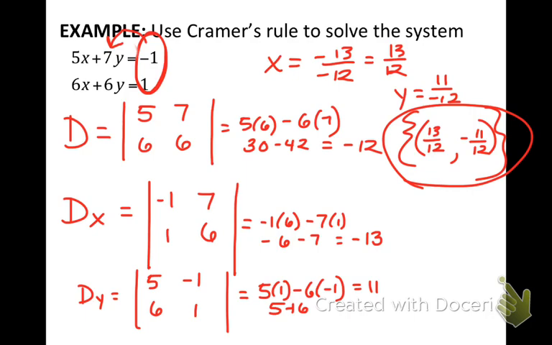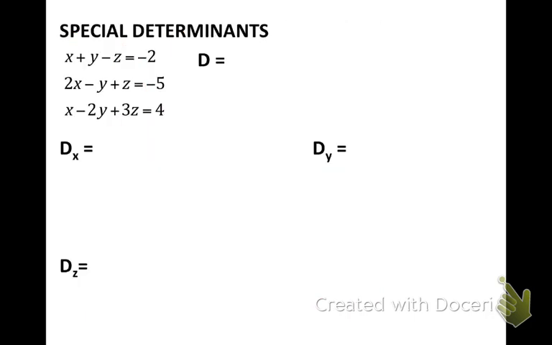Okay. All right, so here is a 3 by 3 system. So we've got x plus y minus z equals negative 2. 2x minus y plus z equals negative 5.